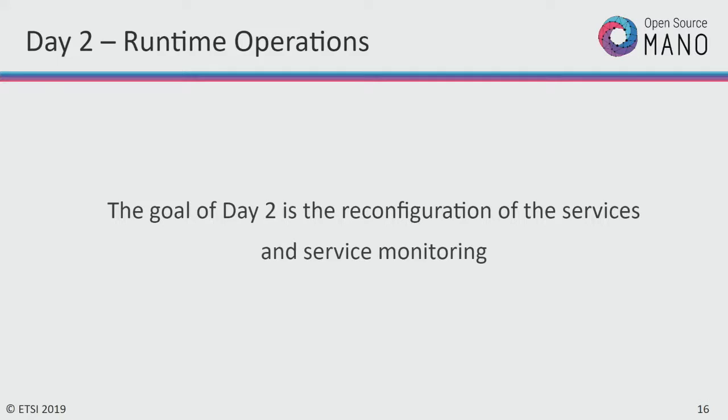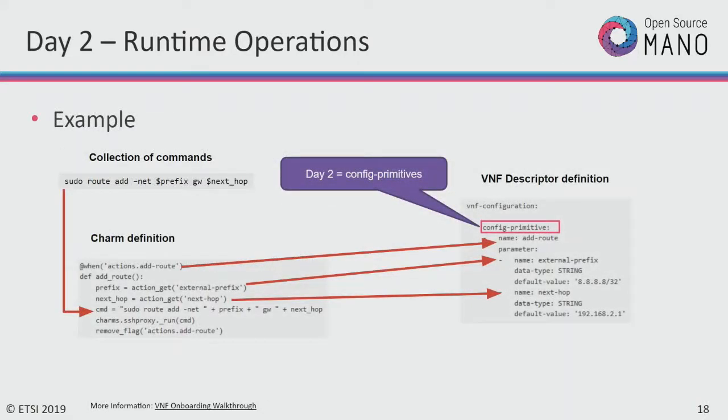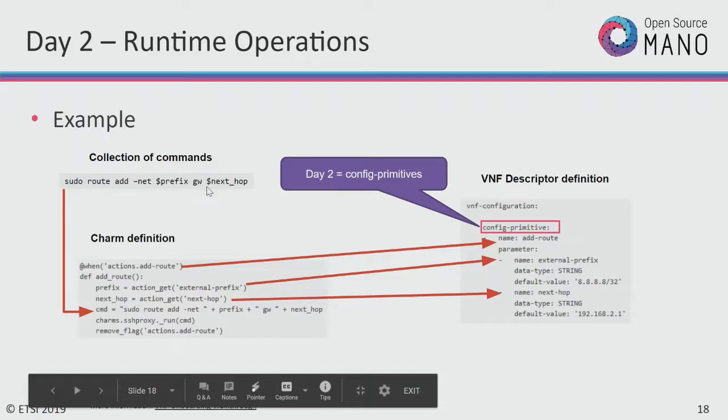Okay, day 2 is the reconfiguration of the service that you want and monitoring of the service. Here again you have an example of what you can do in day 2. Again, we are using proxy charms for these runtime operations, and the same as before is the command that I want to execute.